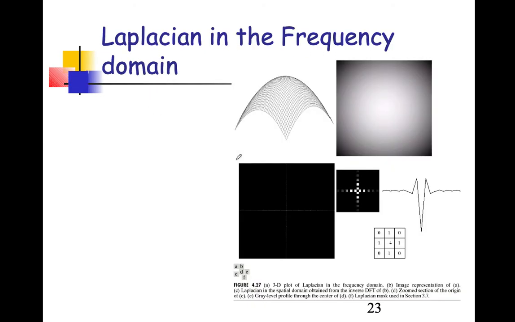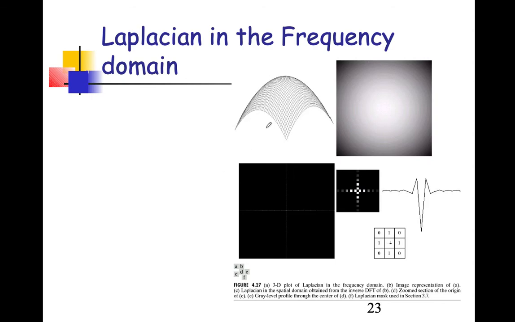Then coming to the next one, the Laplacian in the frequency domain. Basically, Laplacian frequency domain oriented filters are also used in finding the filter's output. These types of Laplacians are used for the plotting of 3D images.